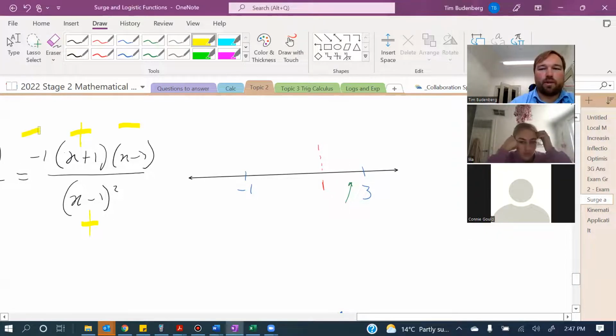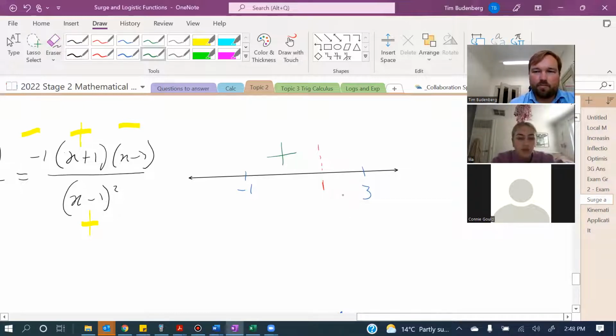Also, there's a −1 at the front. Now, without actually doing any calculations, I can tell you on the top there's a negative number multiplied by a positive multiplied by a negative. So the top's going to be positive, bottom will be positive. Therefore, in here goes a big plus sign.